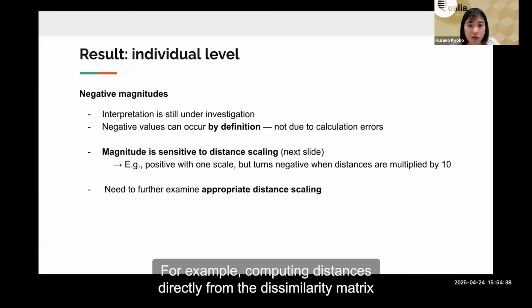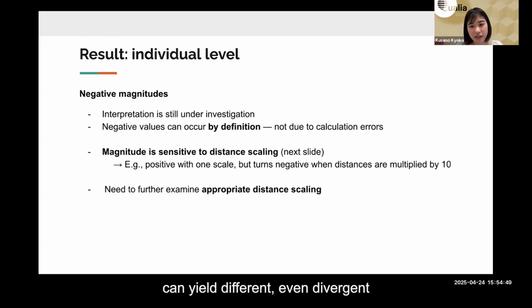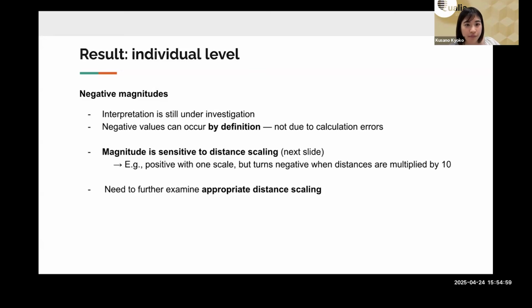For example, computing distances directly from the dissimilarity matrix versus computing after scaling the matrix by a factor of 10 can yield different, even divergent or negative values. Therefore, selecting an appropriate method for computing distances is really important.